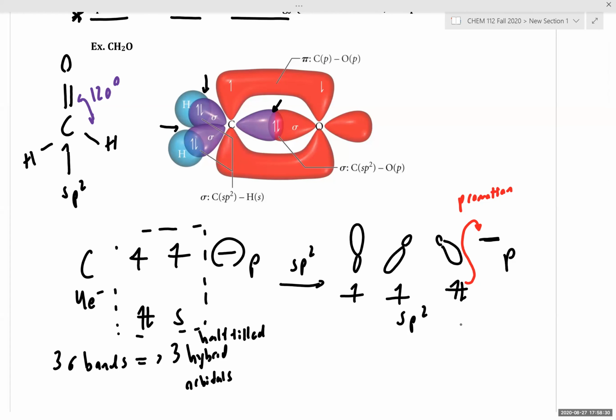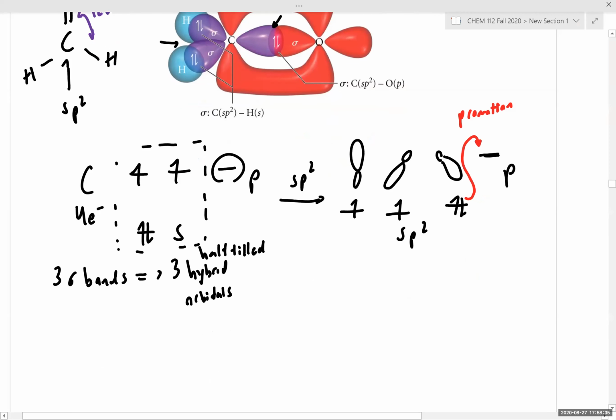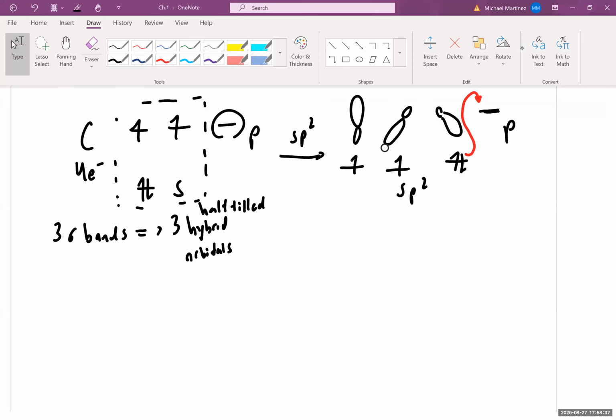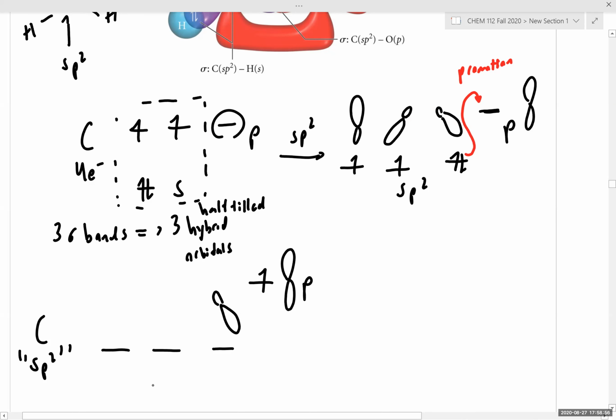So now we have our initial picture of our sp2 hybridized carbon. We have our p orbital with 1 electron, and we have our sp2 orbitals, each half filled with 1 electron.